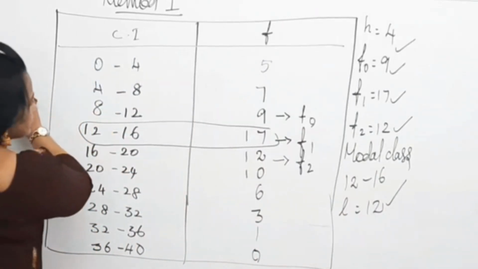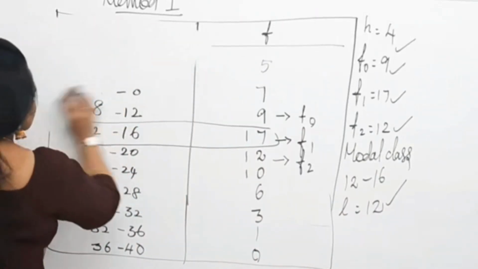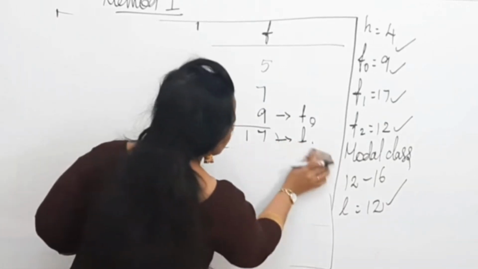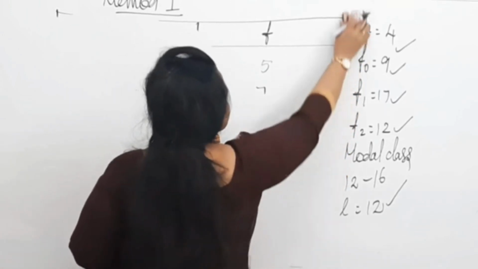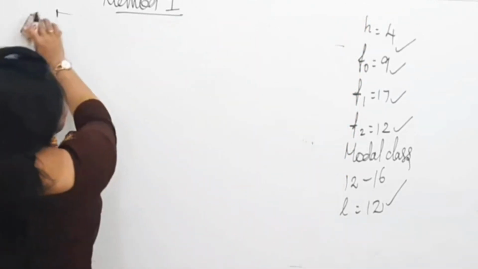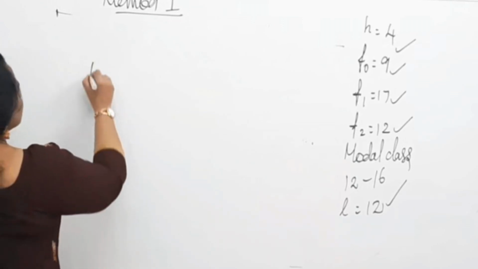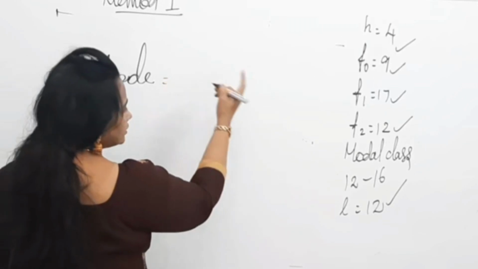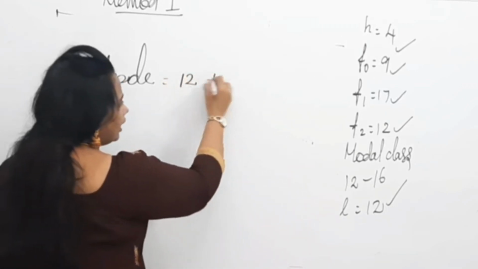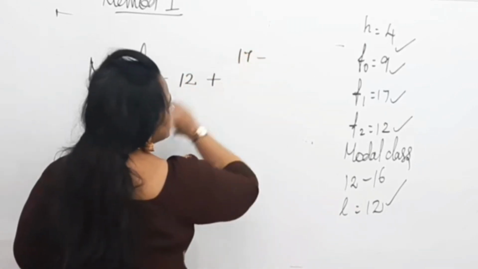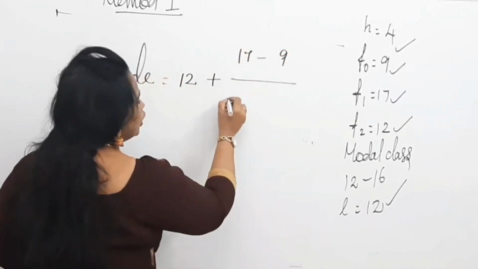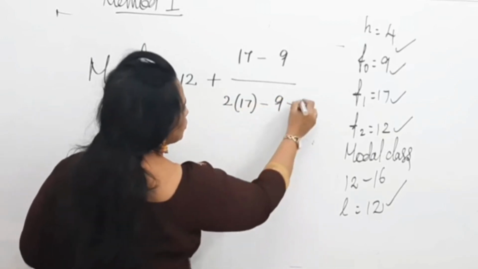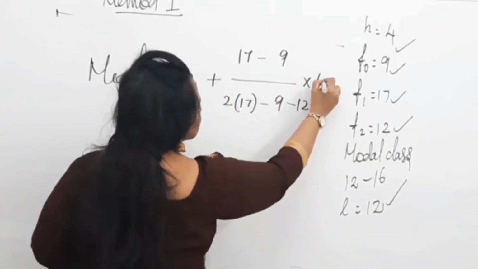So my formula says like this. Mode is equal to L plus (F1 minus F0) divided by (2F1 minus F0 minus F2), into H. My L is 12, and H is 4.